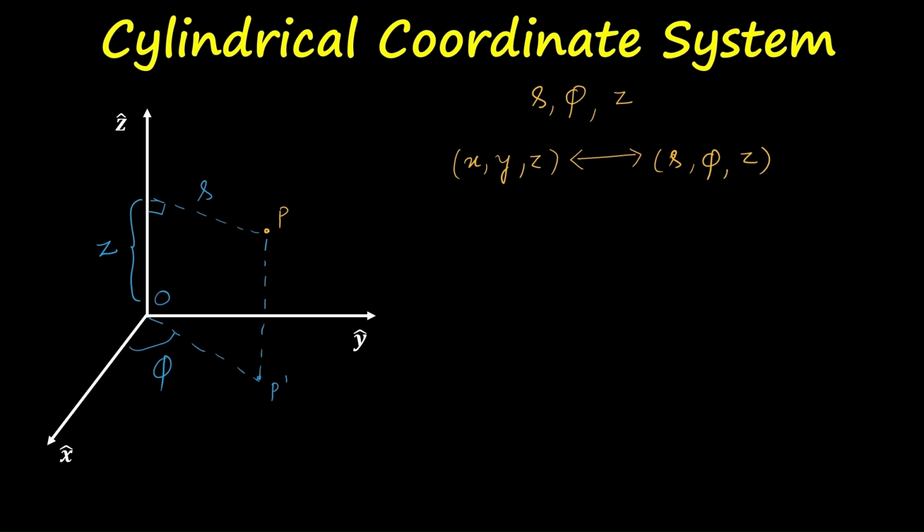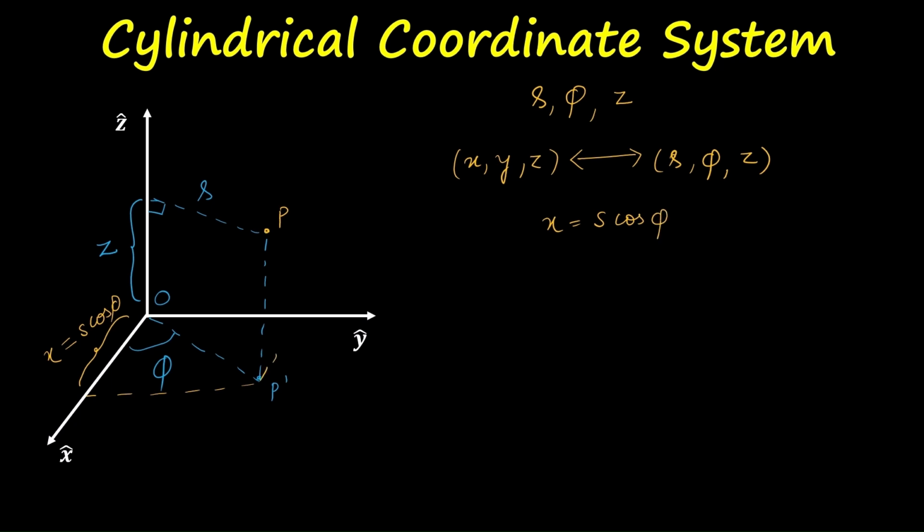So what is x here? If I take the projection of OP prime, then this is x, and this is equal to s cos phi. So x is equal to s cos phi.